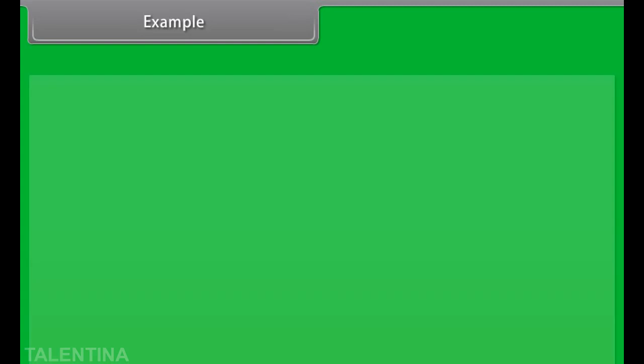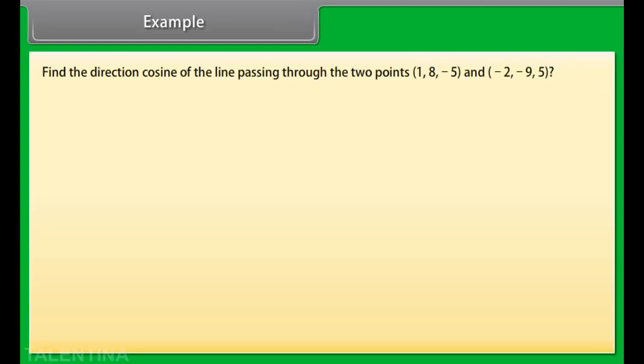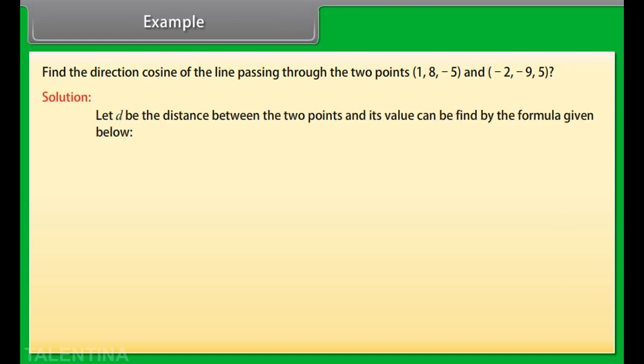Example. Find the direction cosine of the line passing through the 2 points 1, 8, minus 5 and minus 2, minus 9, 5. Solution. Let d be the distance between the 2 points and its value can be found by the formula given below.